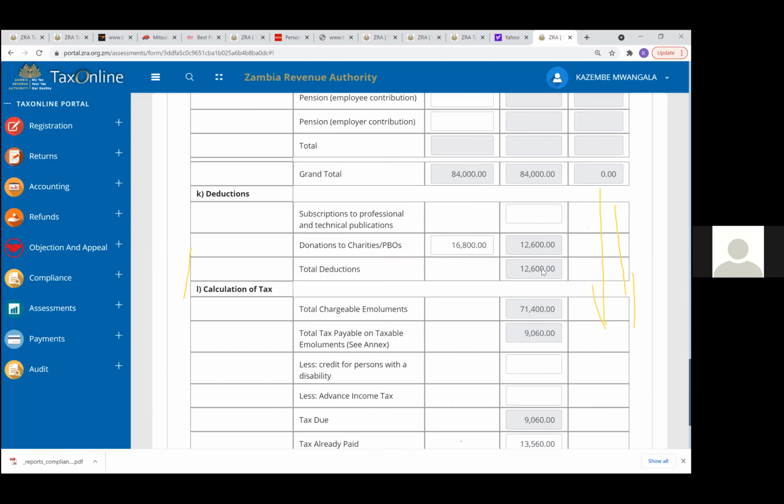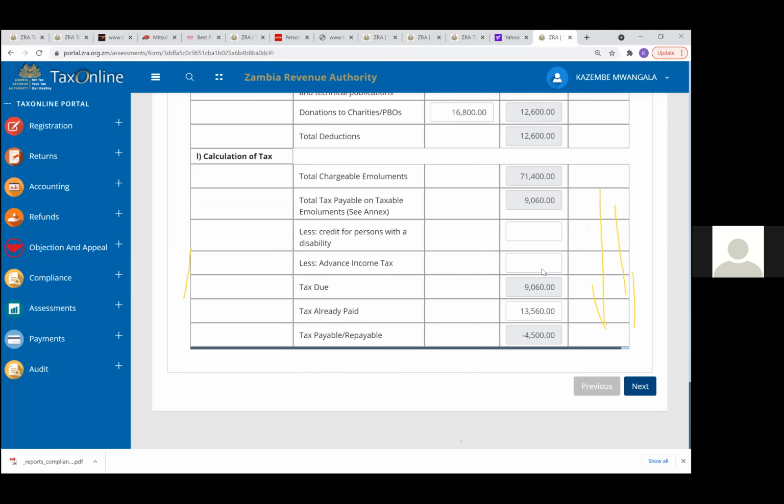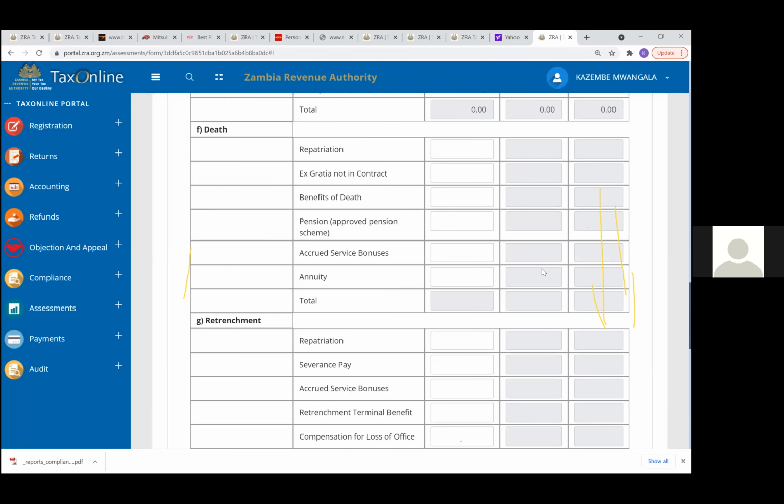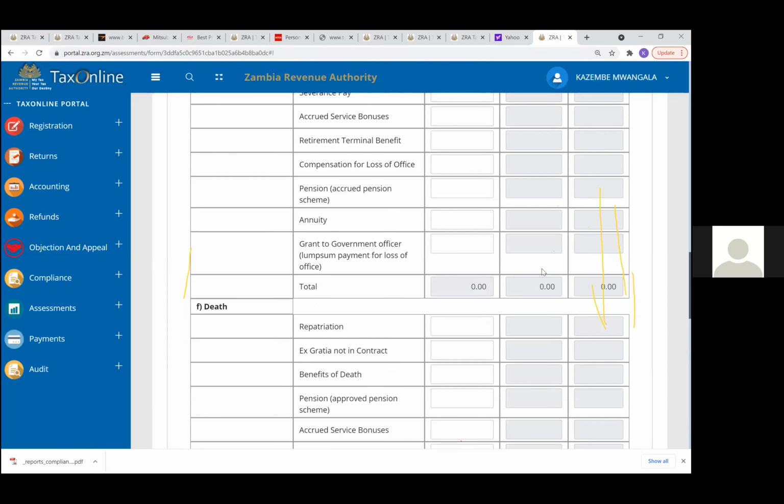The tax that will be due to you is the 4,500, which is simply the component of tax on the 16,000 that you retained, because that component paid tax when it was not supposed to pay tax.